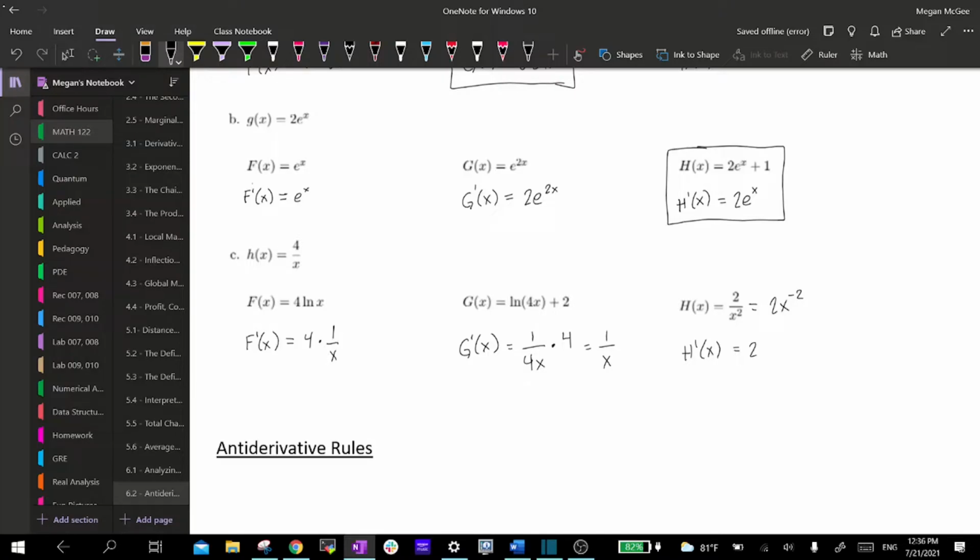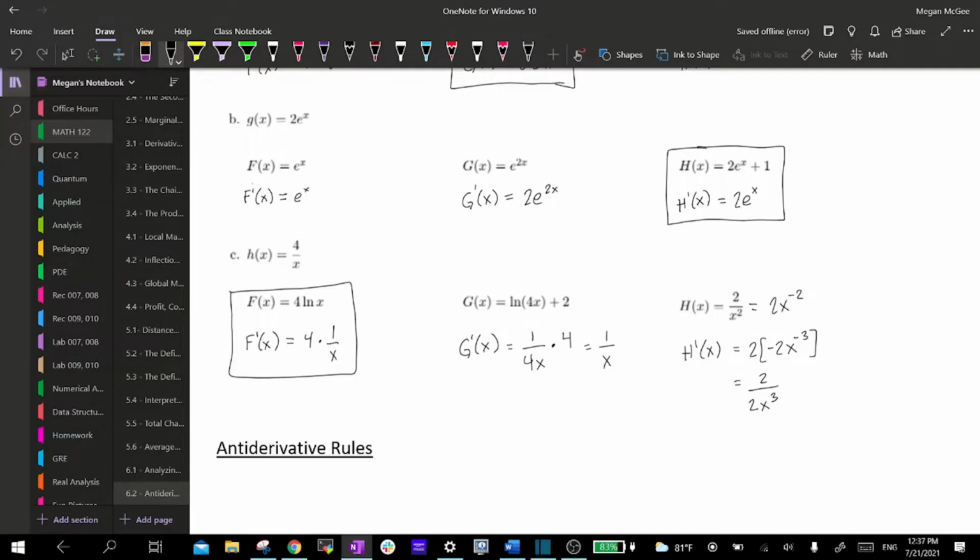Okay, so we have 2 times, let's see here, negative 2, x, subtract 1, negative 3. So we get 2 over 2x to the third, and yeah, that's not what we're looking for either. So f of x is our antiderivative for h of x for part C.